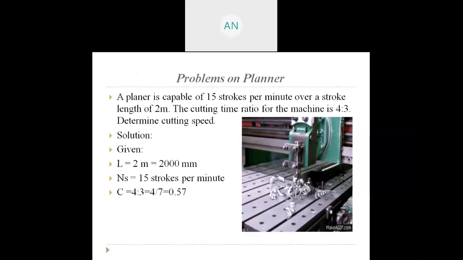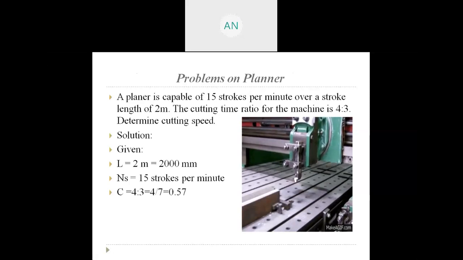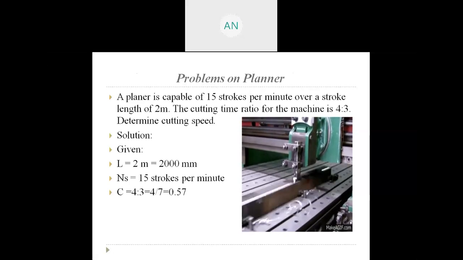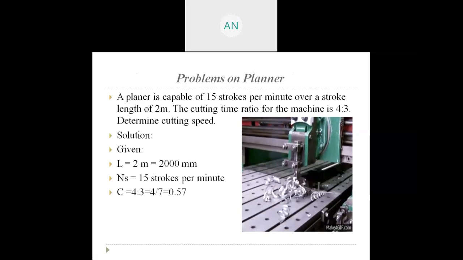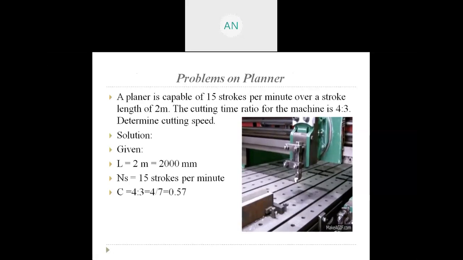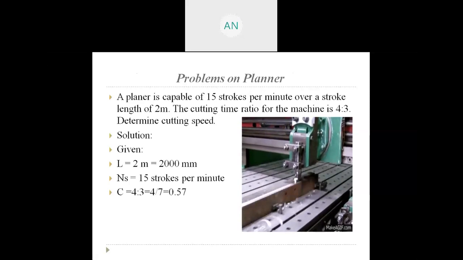How to calculate the cutting time ratio? It is 4:3, so the total is 7. Out of the 7, 4 is utilized for the cutting stroke, so the value is 0.57. Out of 1, my cutting action is 0.57. This is the meaning of that ratio.